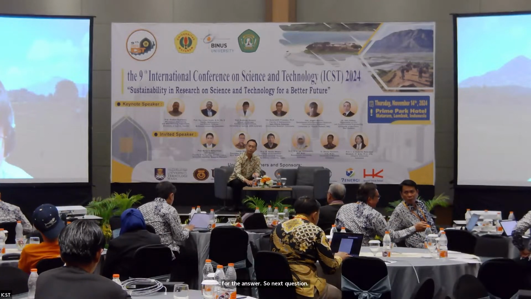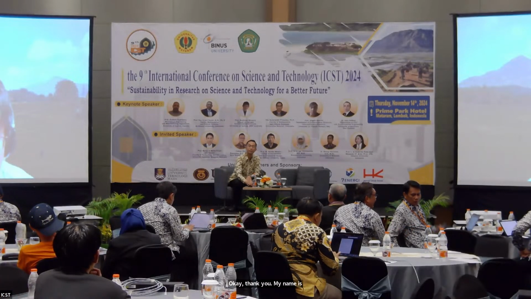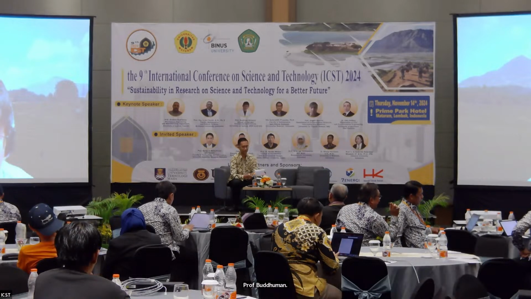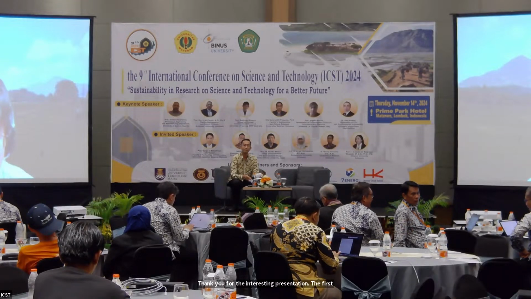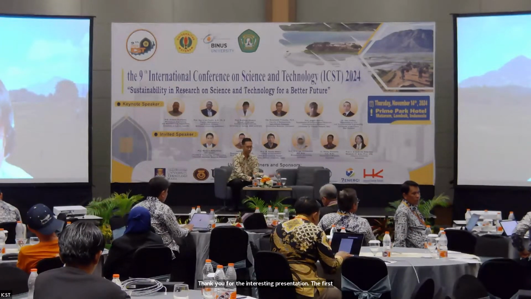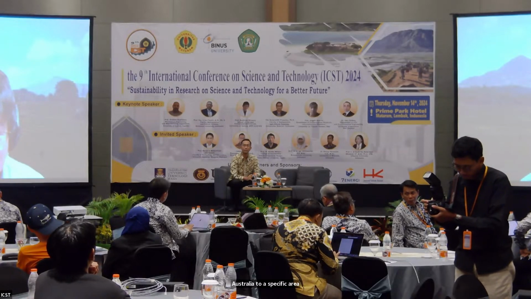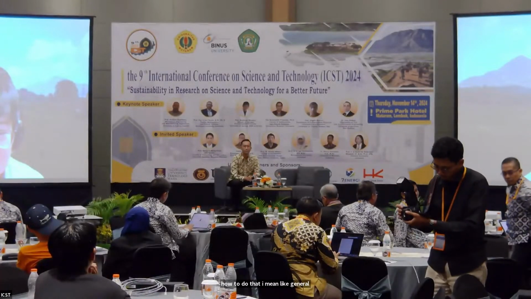Okay, thank you for the opportunity. My name is Joko. I would like to ask Prof. Budiman. Thank you for the interesting presentation. The first question is how you transfer the general model of Australia to a specific area in the Tasmanian model. I mean, like a general model, and then you transfer it to a very local model.